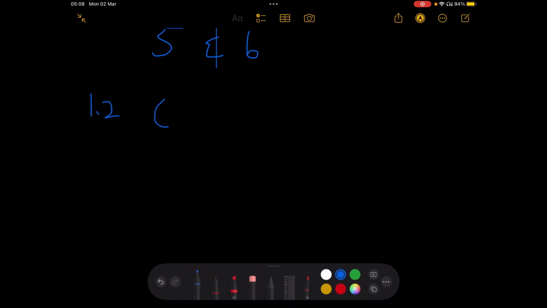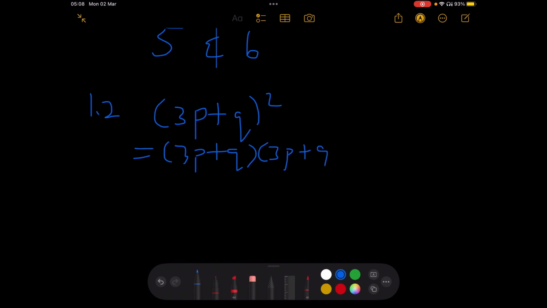1.2 given 3p plus q squared, which means this is 3p plus q times 3p plus q, which 3p times 3p gives us 9p squared, and then 3p plus q times q, it's 3pq plus 3pq, and then plus q squared.